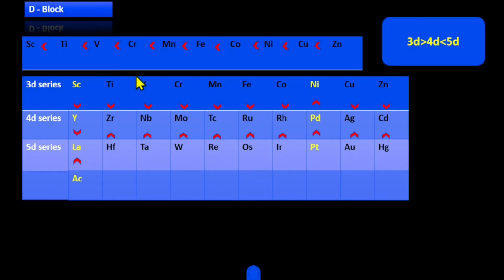It is similar to this one. Since here one more element is there, it was like here decreasing, then at the end increasing. Same thing is here, decreasing, then increasing. All this data you will find in D block.